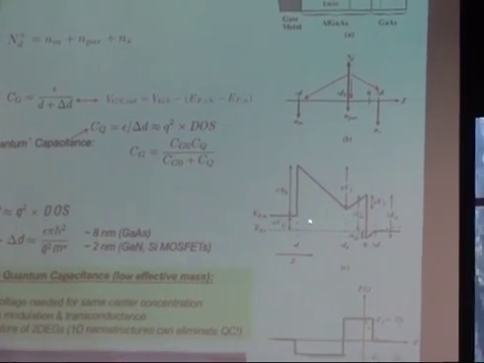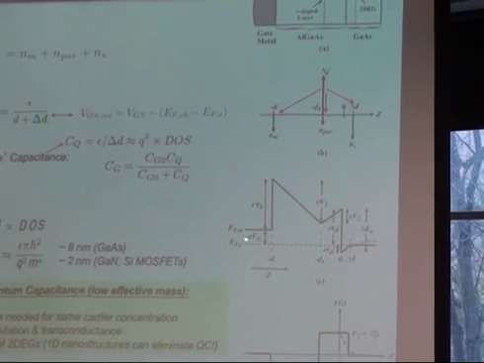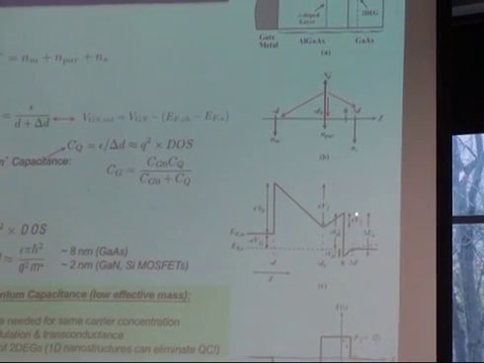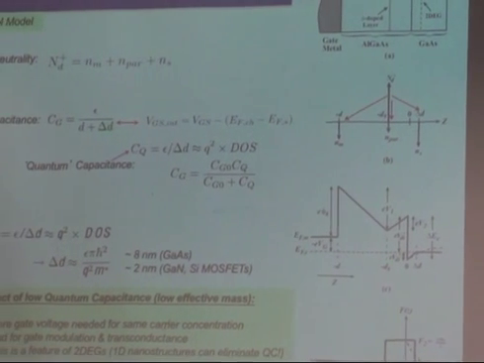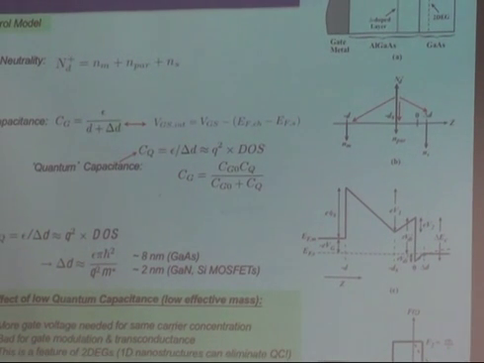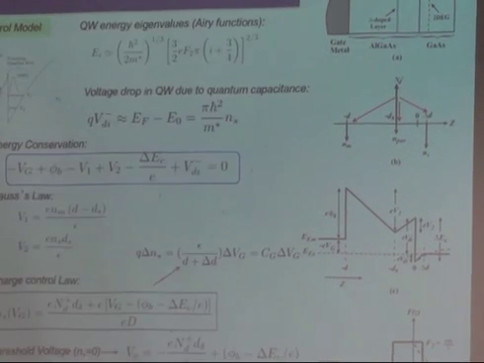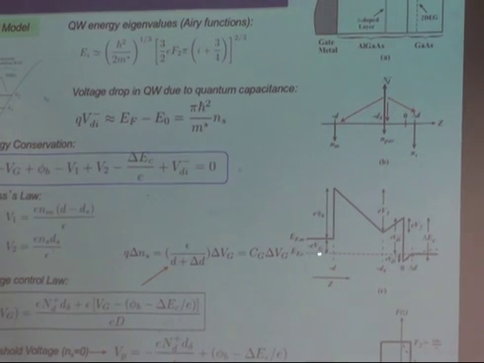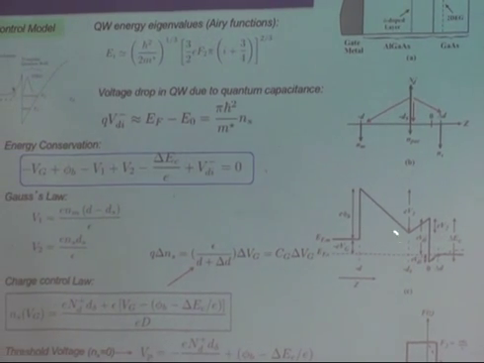So essentially all you need to do is find out at what gate voltage the field here is 0, or the voltage drop here is 0, and you can go around the loop and write it down. So you can start from 0 here, okay, go up by VG, go up by barrier height, phi b, drop by V1 here.